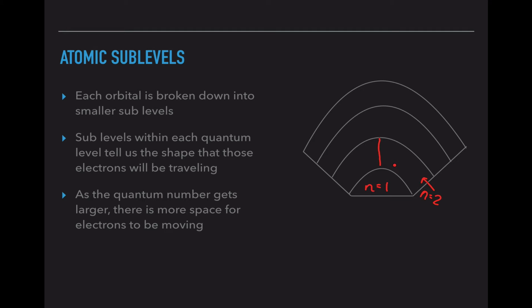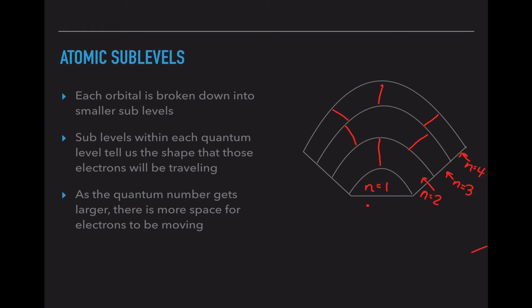Those 2 sublevels are 2 shapes or 2 areas that those electrons can be. Quantum level of 3, n equals 3. There are 3 sublevels or 3 shapes, and then quantum level of 4. There are 4 sublevels or 4 shapes.